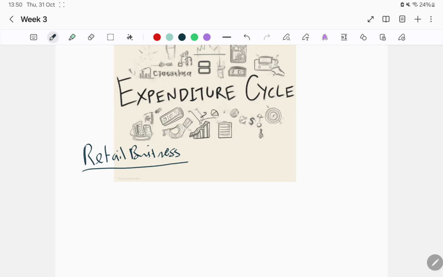There will be a requisition, so there will be a purchase requisition. We'll start with the purchase requisition.